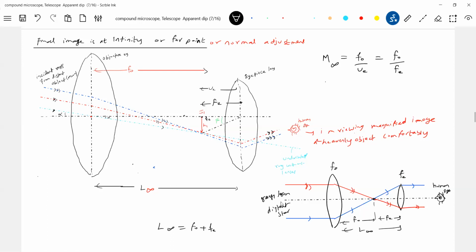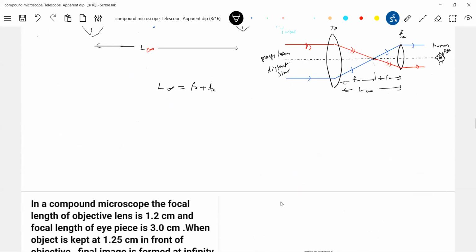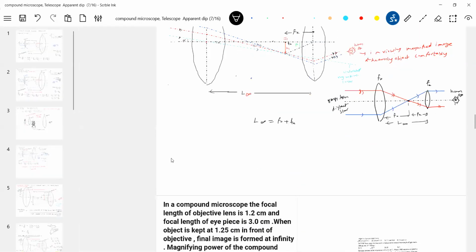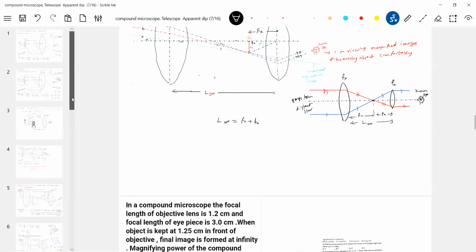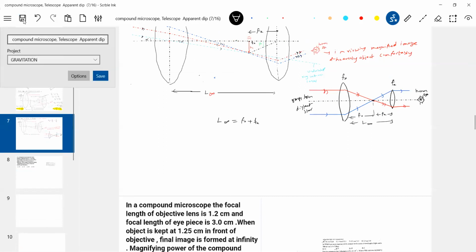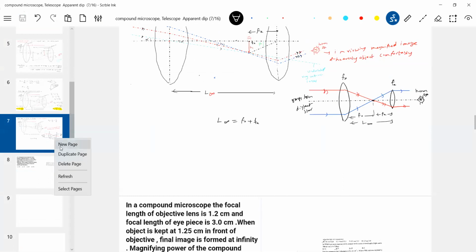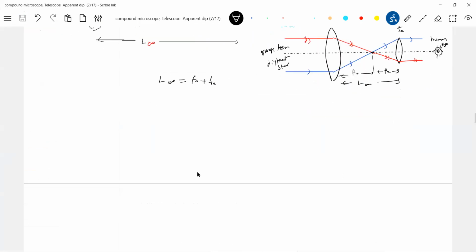So now let's see. I'll show for an image at 25 centimeter how the image we actually see looks. We'll go for one small rough diagram.